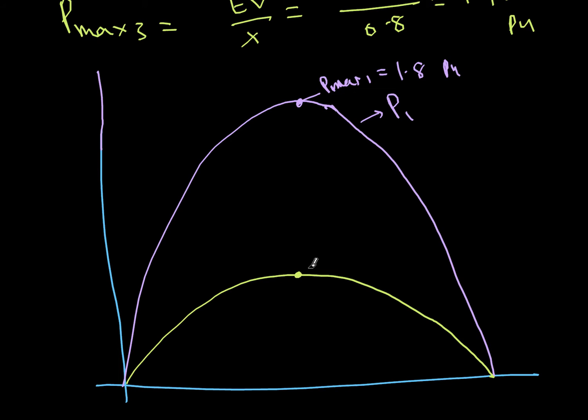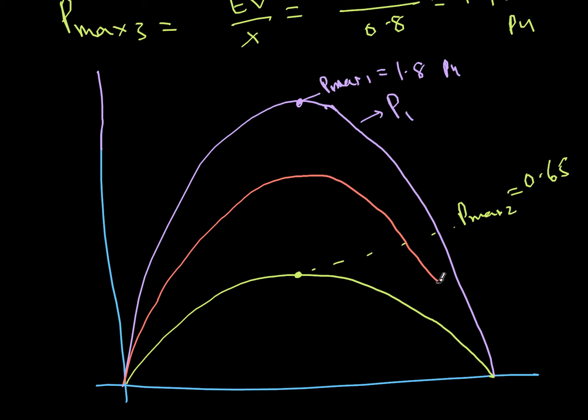So the height of this will be, I'll just write it here, Pmax2 is 0.65. That's what we calculated. And then the third curve that we calculated, this is after the fault is cleared, this point, that is Pmax3, we just calculated 1.46.